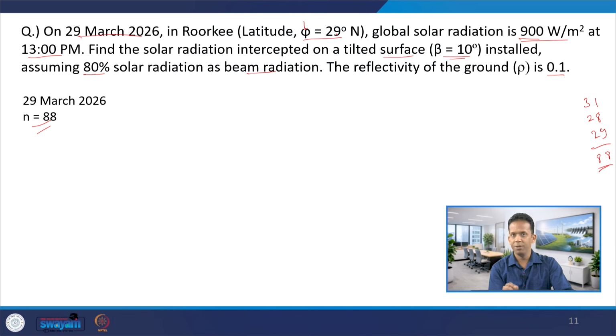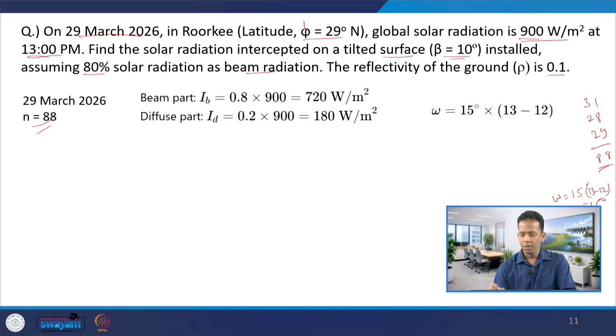Latitude phi is given as 29 degrees. Beta is 10. Next is omega. Time is given as 13, so omega will be 15 into (13 minus 12), which is 15 degrees.